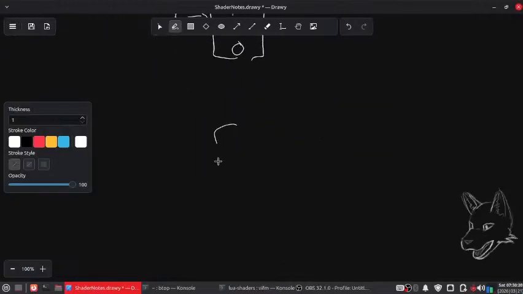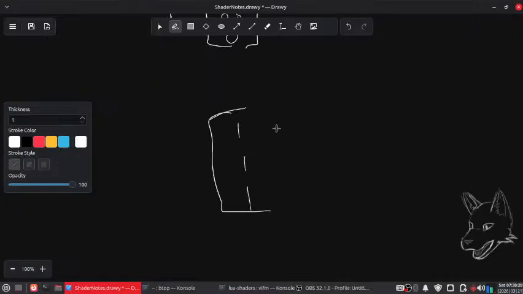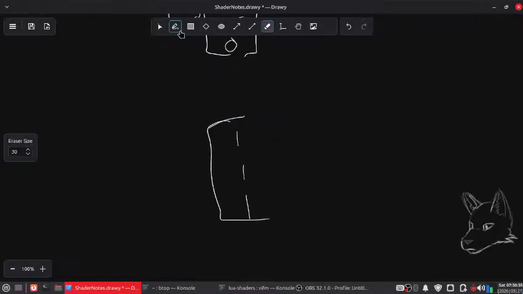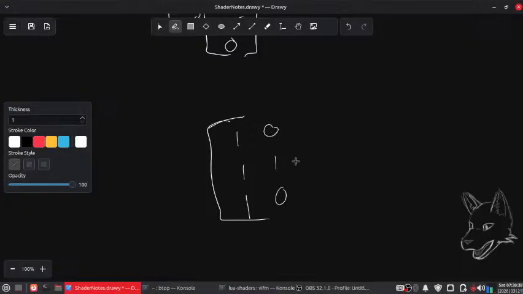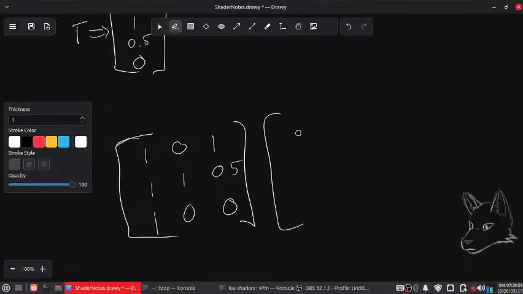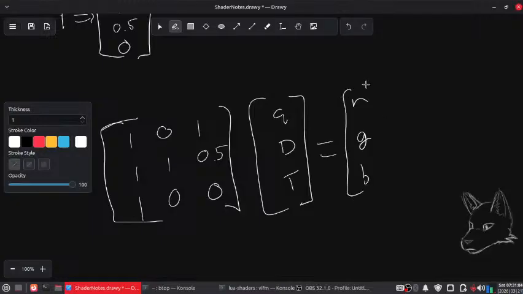So to convert from that to the new one, it's literally just 1, 1, 1, or 0, 1, 0, 0, 1, 0, and then it is 1, 0.5, times GDT. GDT is equal to RGB, right?